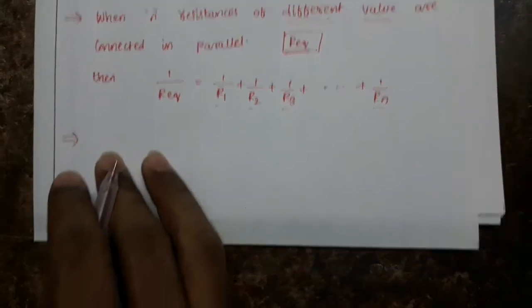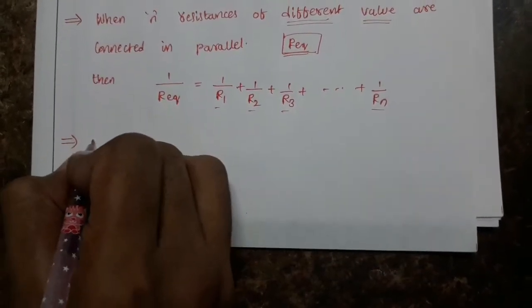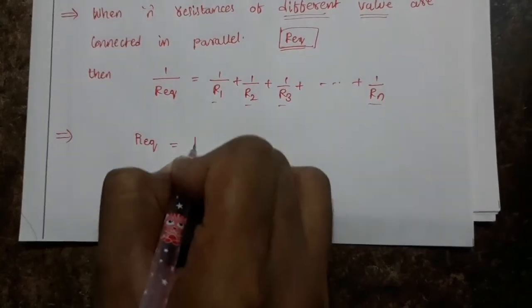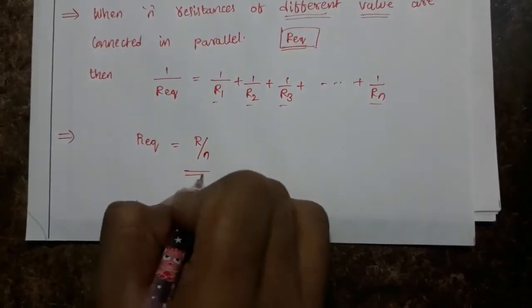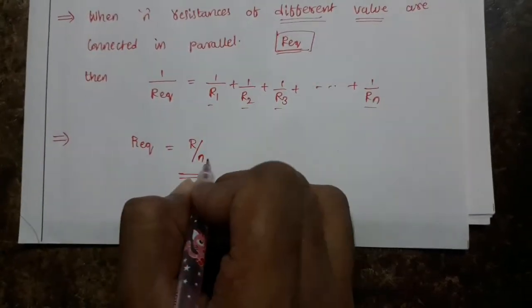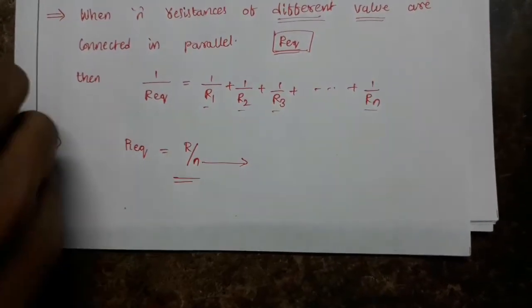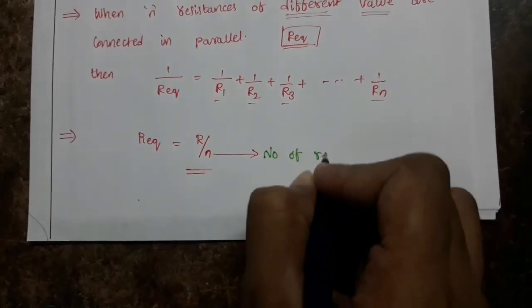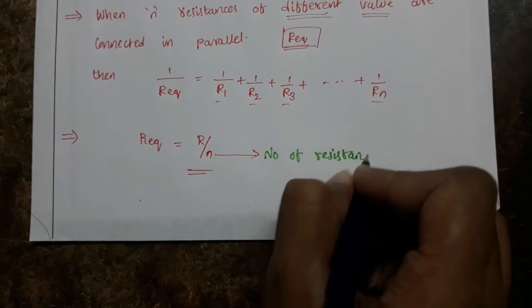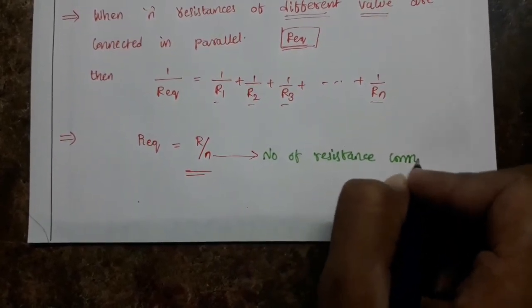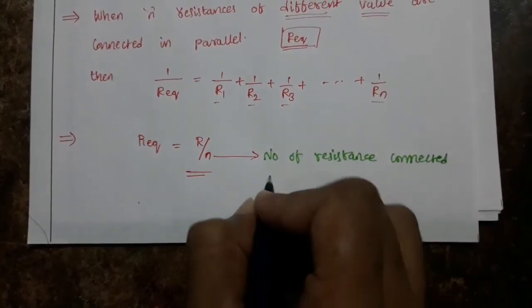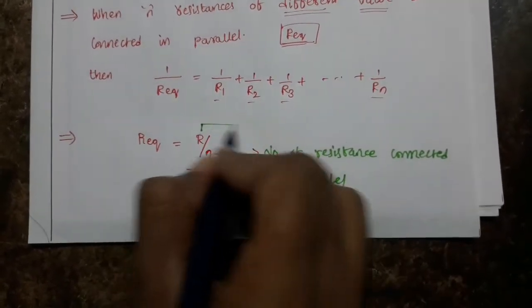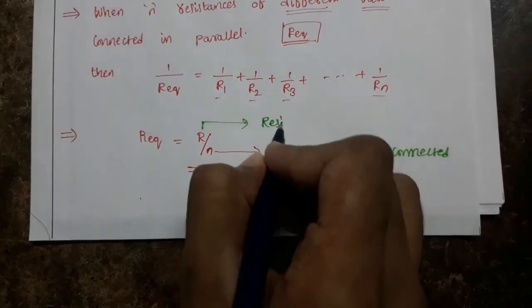If they are equal resistances, then R equivalent equals R by N, where N indicates the number of resistances connected in parallel and R indicates the resistance value.